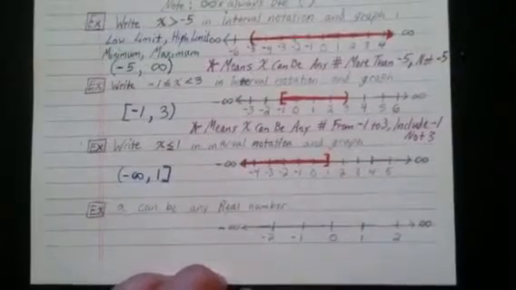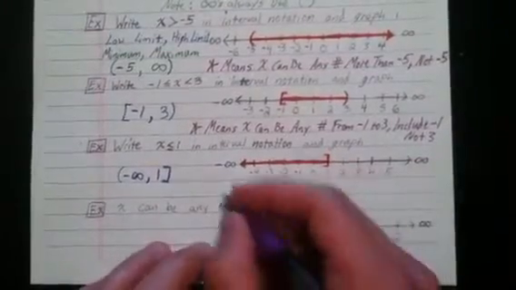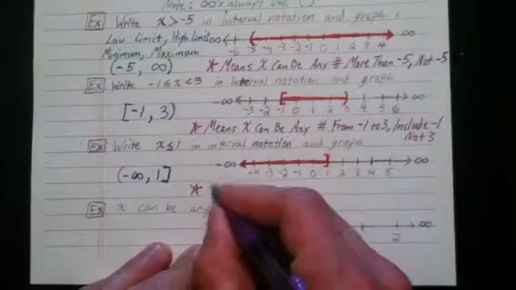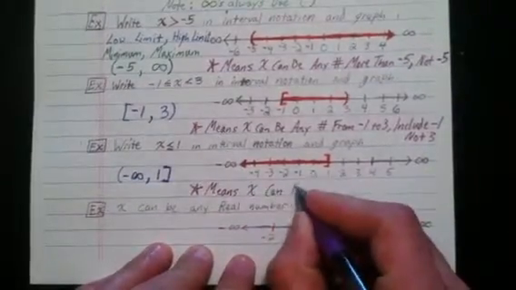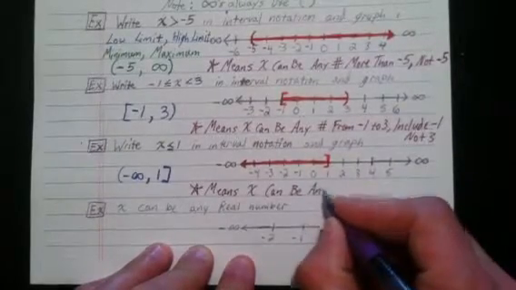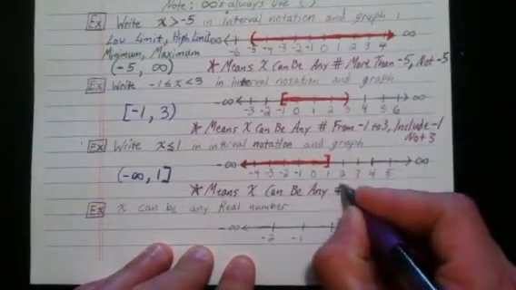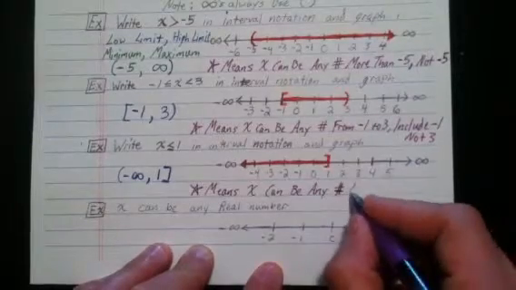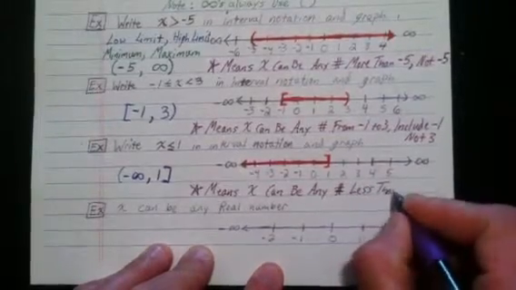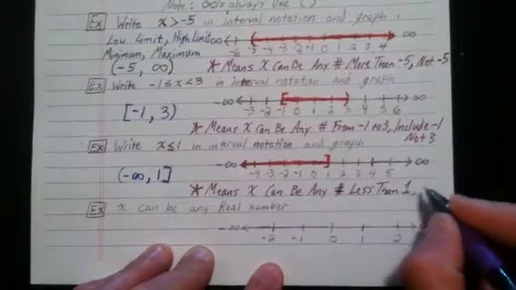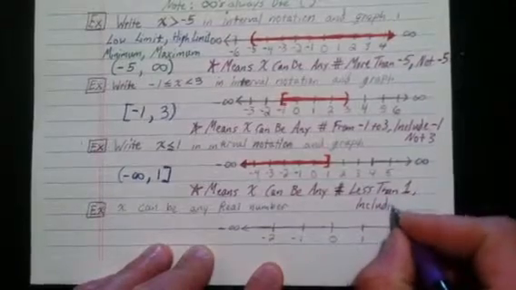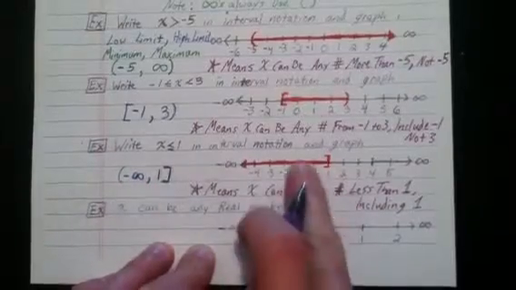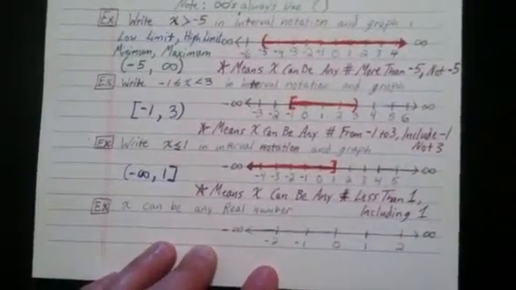So in words, this means x can be any number less than 1 and including 1. And that's what our interval notation and our graph indicate when you look at them.